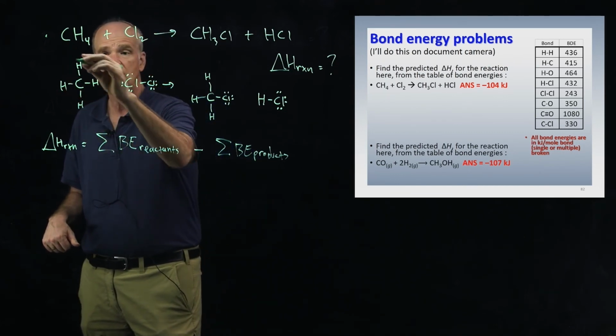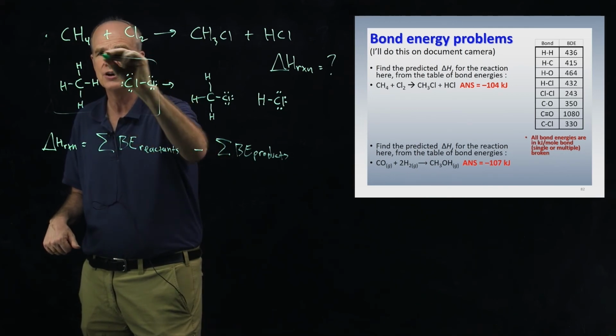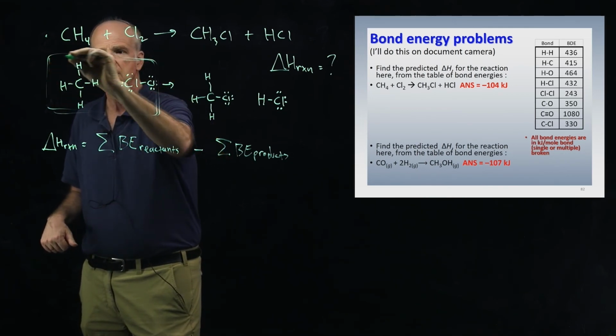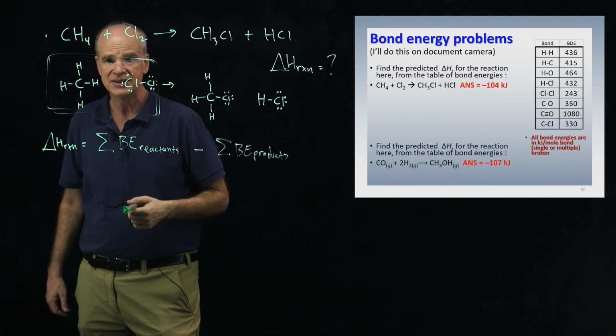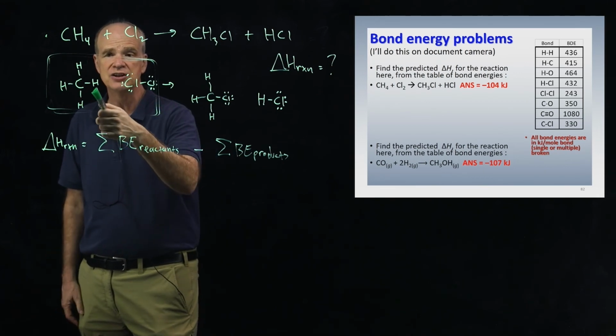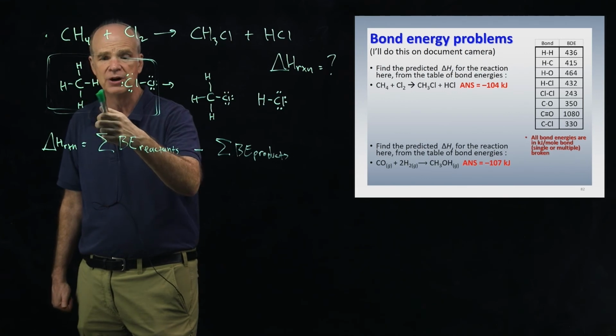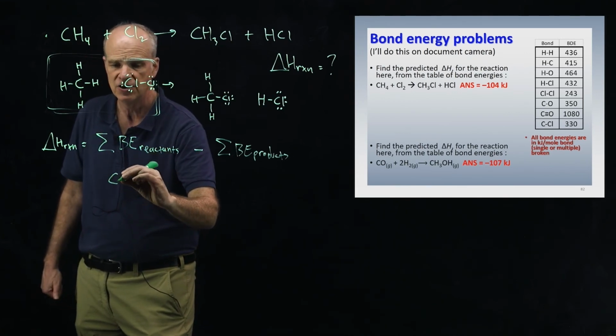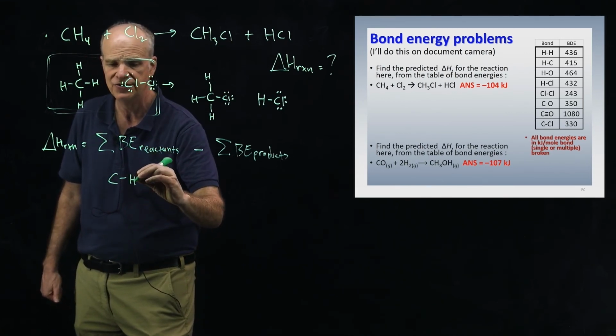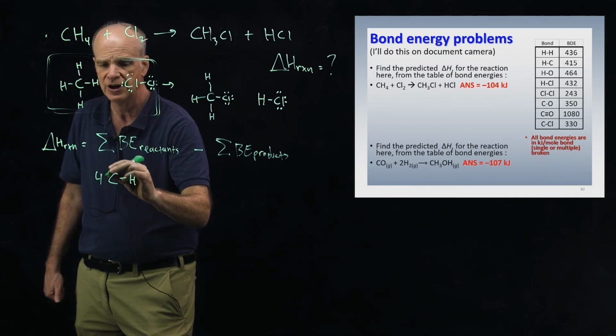Again, we need all the bonds here that are going to be broken in these reactants. And so when you have this reaction here, you're going to have to break each one of these carbon-hydrogen bonds. So we have carbon-hydrogen bonds, and we have 4 of them we're going to have to break.